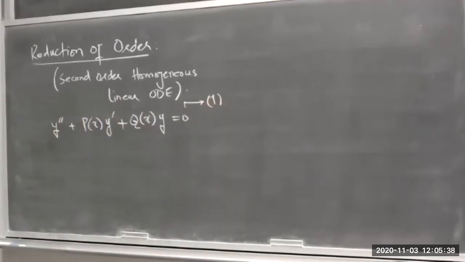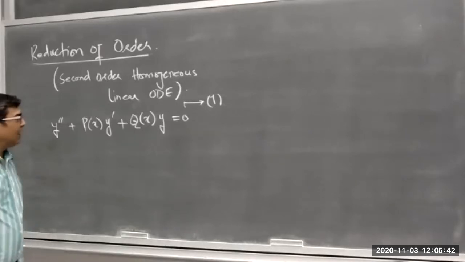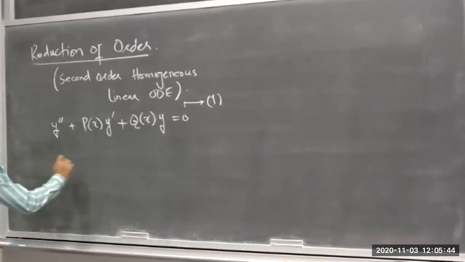And what is the reduction of order method? Let me review it quickly.